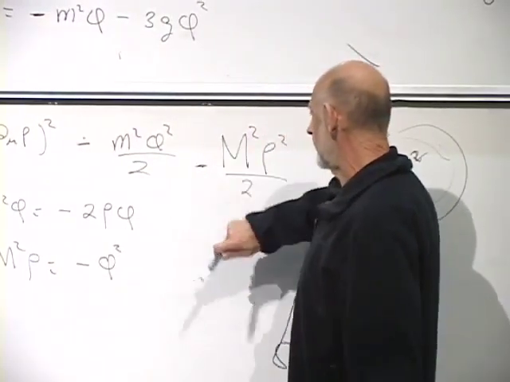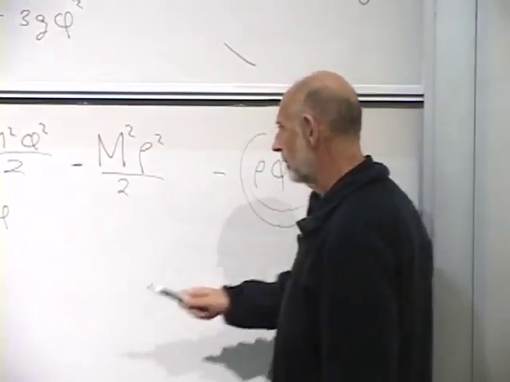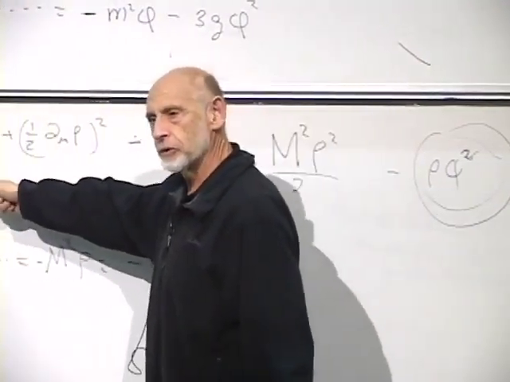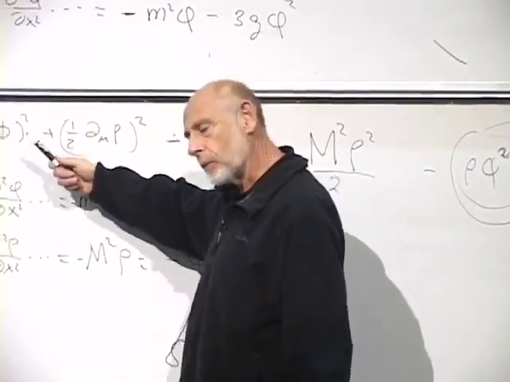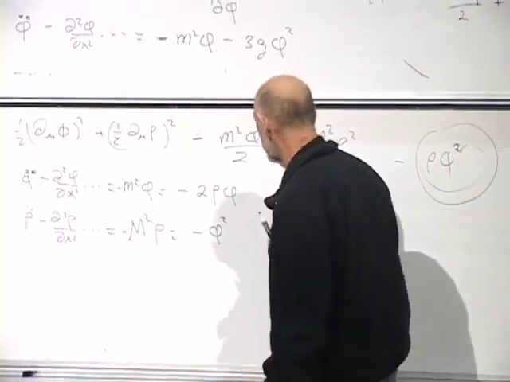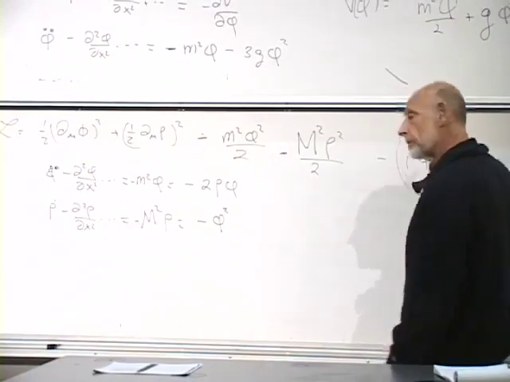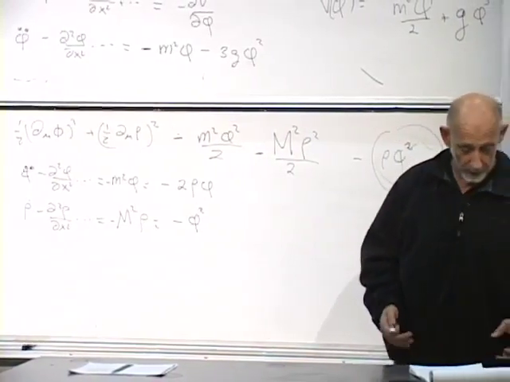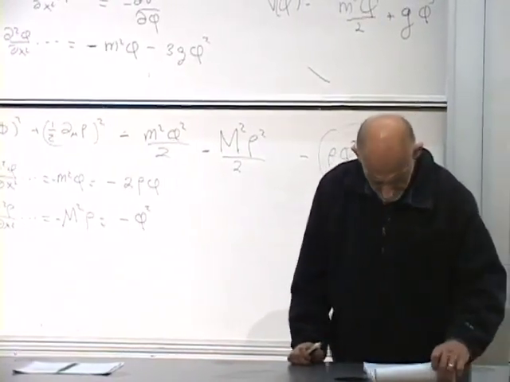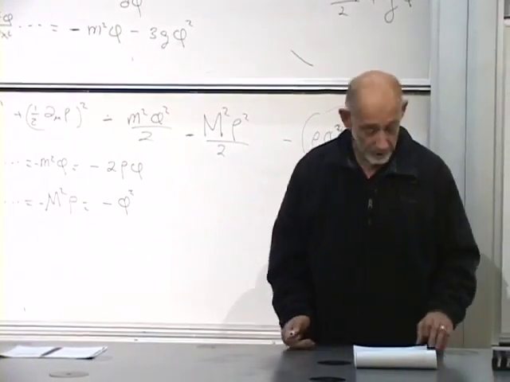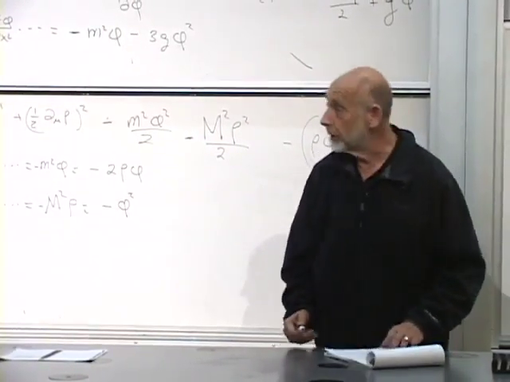If we didn't have this nonlinear term, the content of this equation would just be omega squared equals k squared plus m squared. That's all of these terms. And this term tells us about the interaction between quanta. That's classical physics. That's classical field theory in a nutshell.